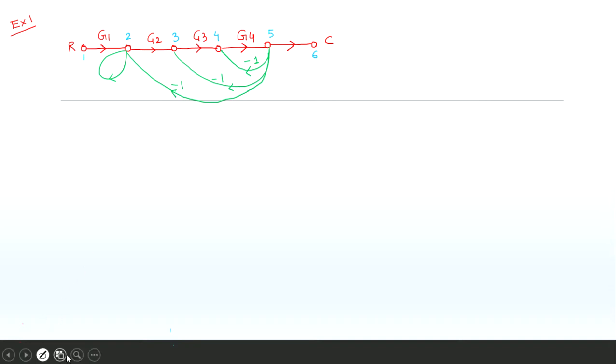The feed-forward path is where the signal flows from the input node towards the output node. So this is the input node and this is the output node. The signal is flowing from input node to output node through this red line, this red marked line.